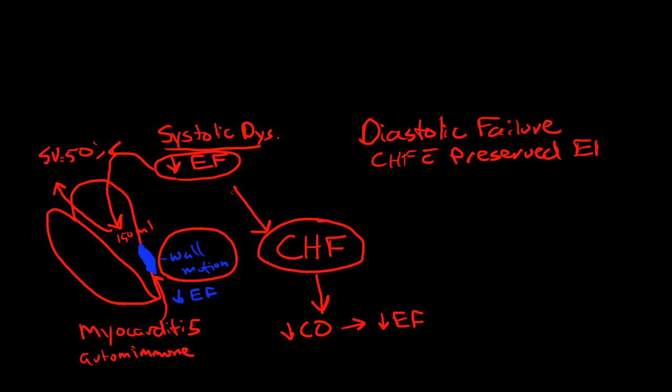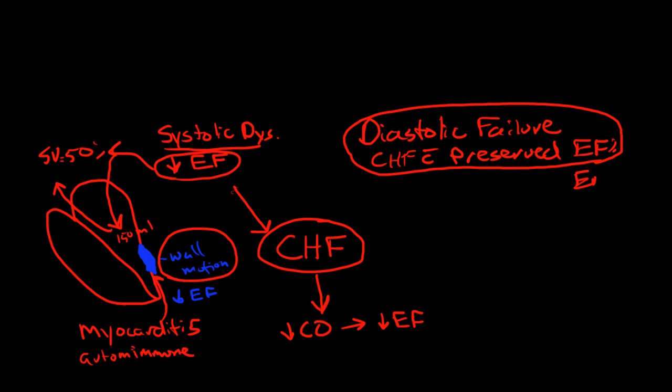So oftentimes people will be confused because they'll see an echocardiogram of someone with diastolic failure, and they'll see that the EF is 65%, so they won't believe that they're in significant congestive heart failure, but they are. And what's happening here is this is caused almost exclusively by hypertension.